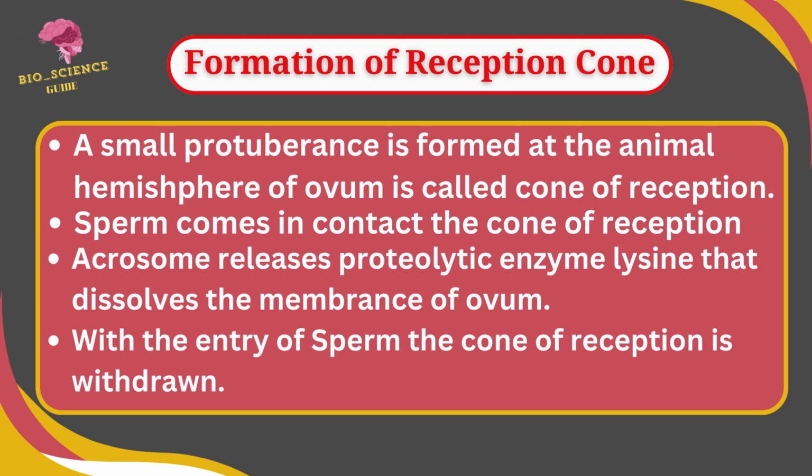The sperm has an acrosome at its head region that releases a proteolytic enzyme called lysin, which dissolves the membrane of the ovum. With the entry of sperm into the ovum, the cone of reception is withdrawn.